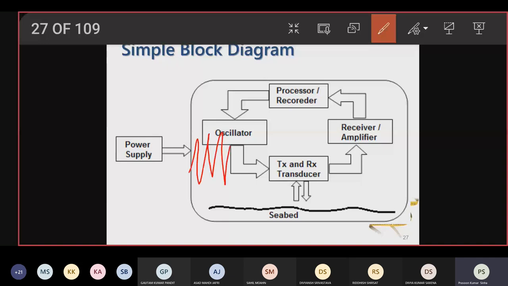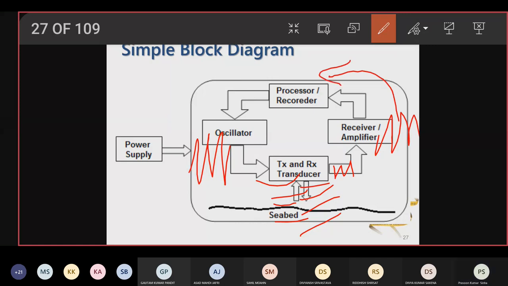Oscillator is producing electrical signal, it is converted into sound waves. Echo is received back, again electrical signal converted, it is amplified and given to the recorder for recording.